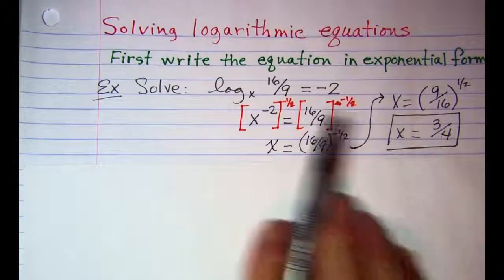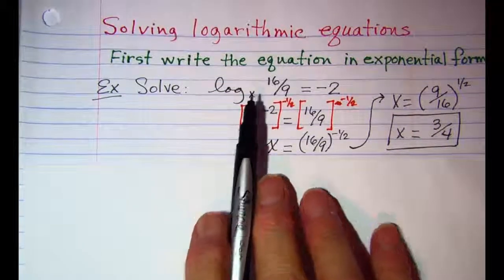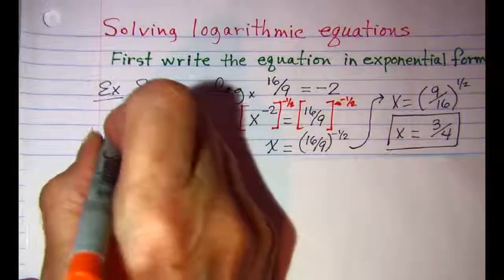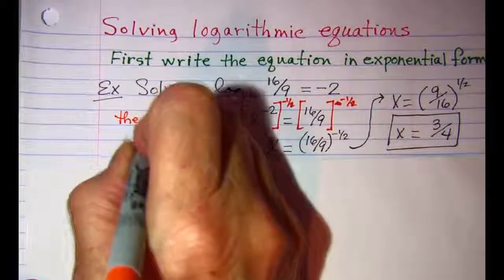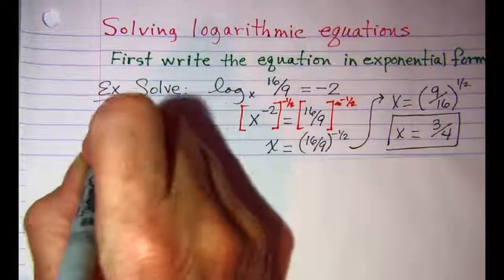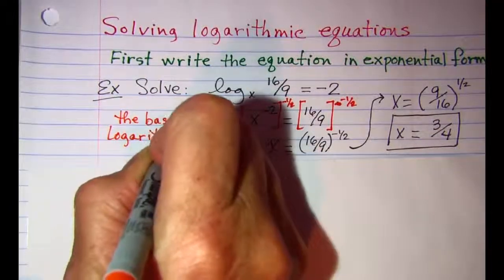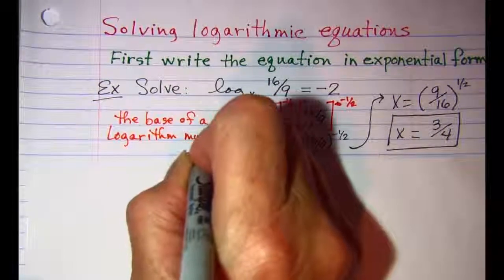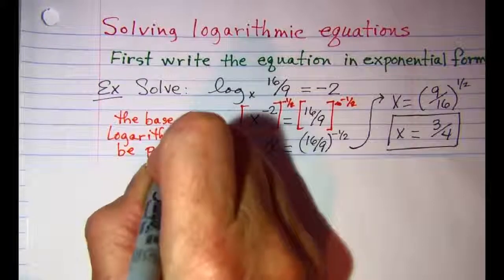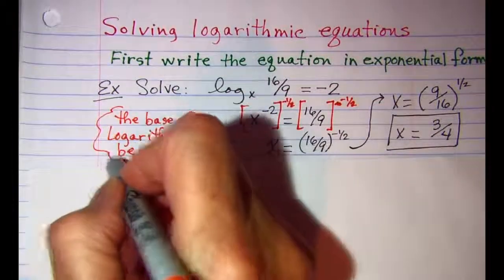But since we are finding the base of a logarithm, the base of a logarithm must be a positive number. It's by definition.